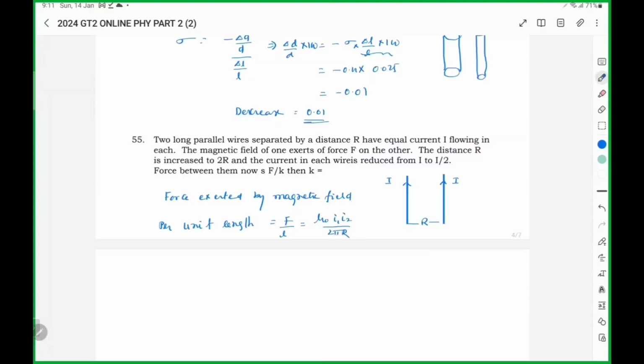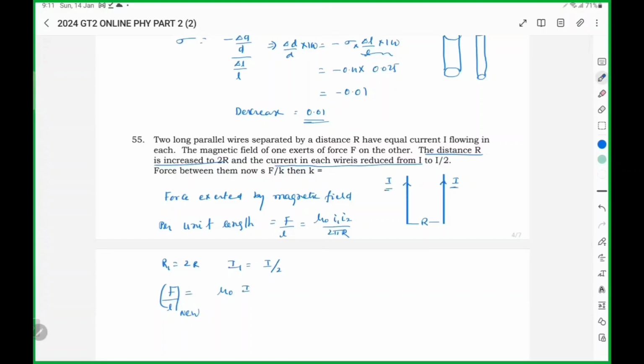Now he says the distance is increased to 2r and the current in each wire reduces to I by 2. Now the new force will be mu naught... here, in both wires the same current is flowing.